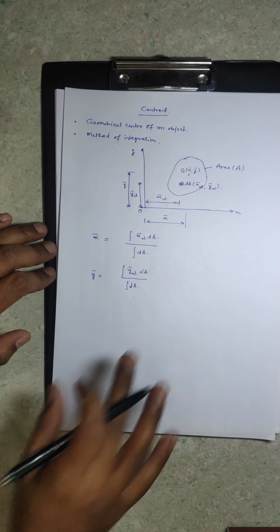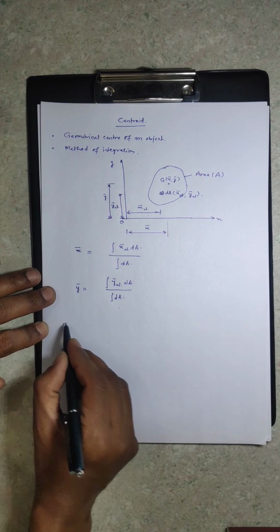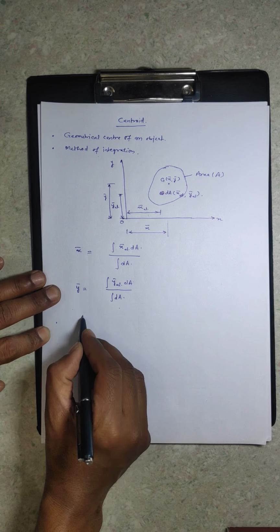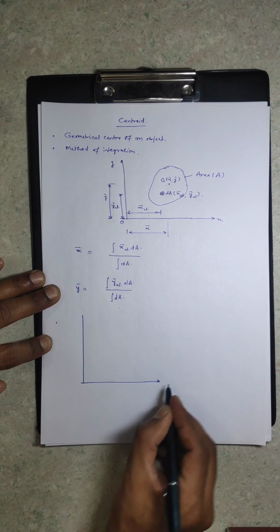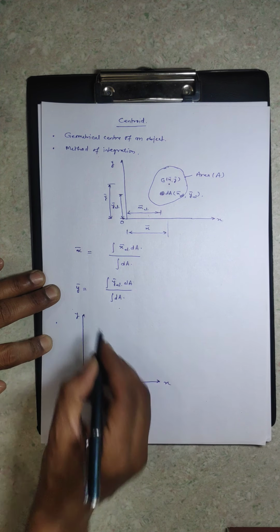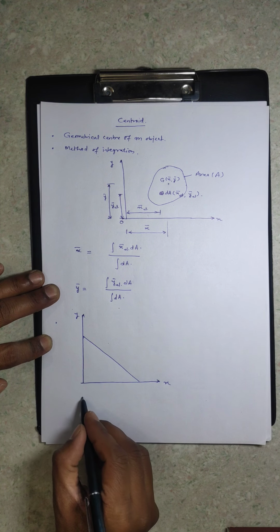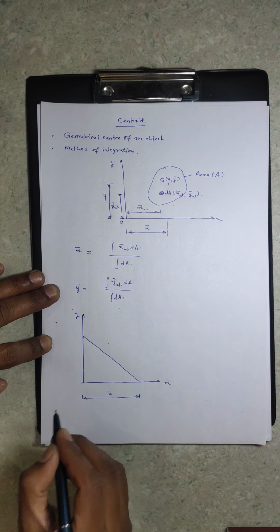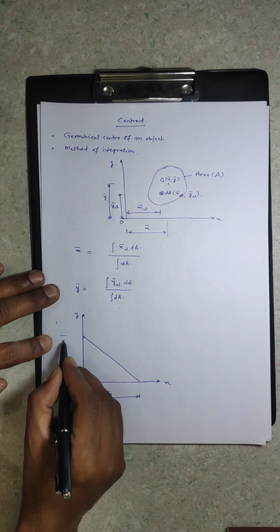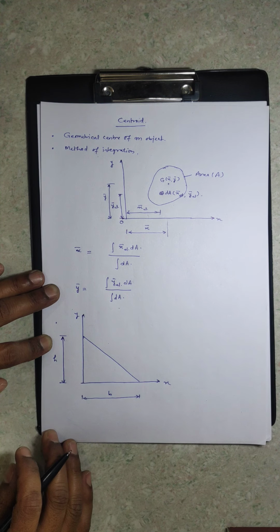We will elaborate this by taking an example of finding the centroid of a right angle triangle. Suppose we have a right angle triangle with x axis and y axis, whose base is b and height is h.